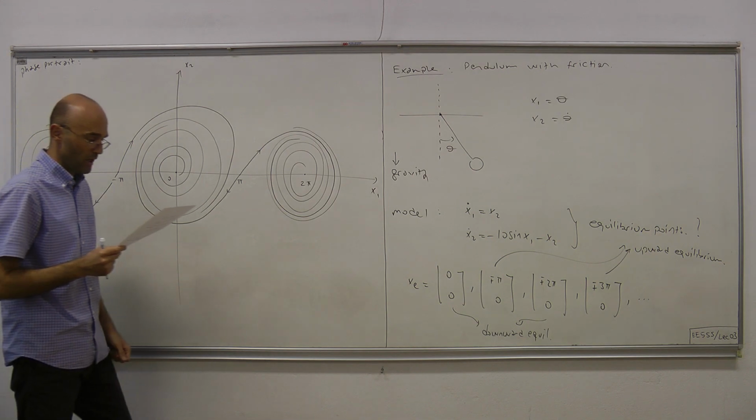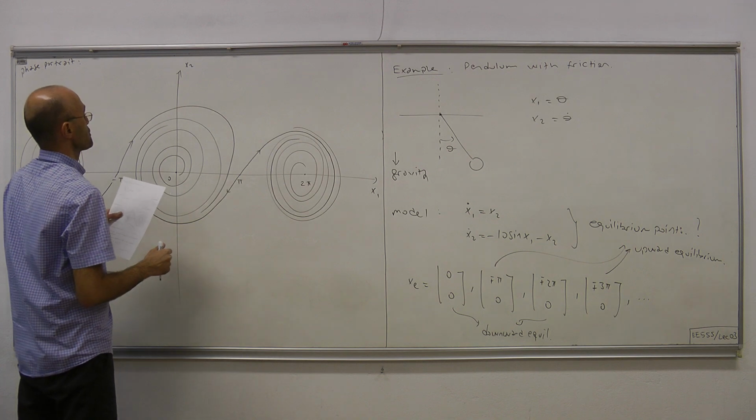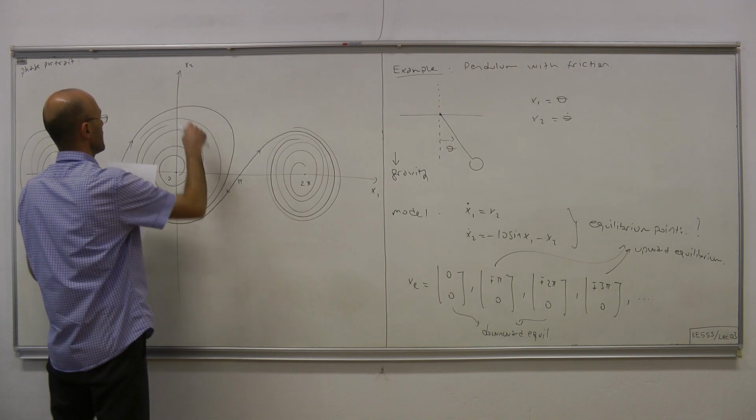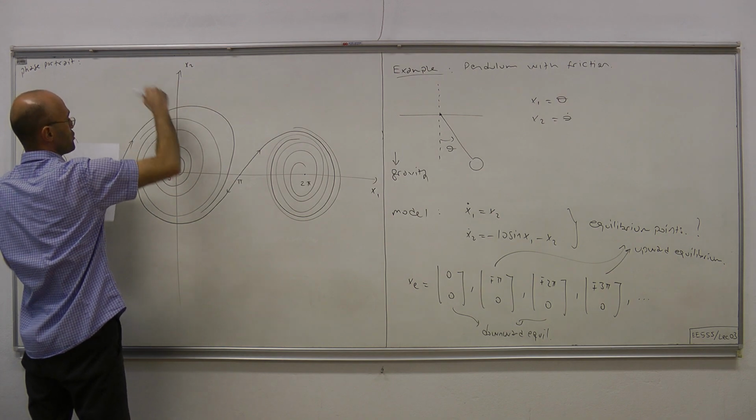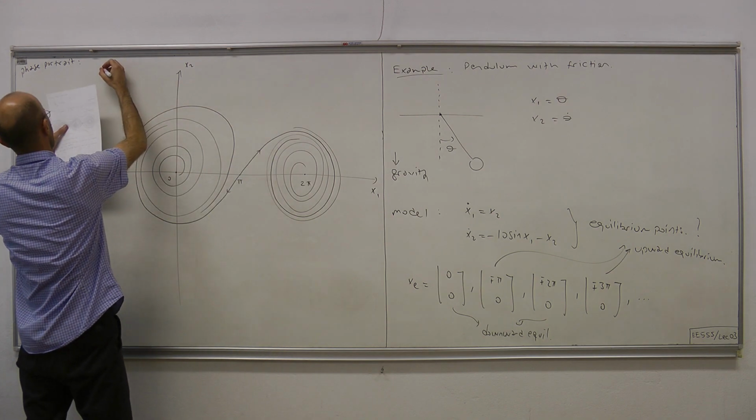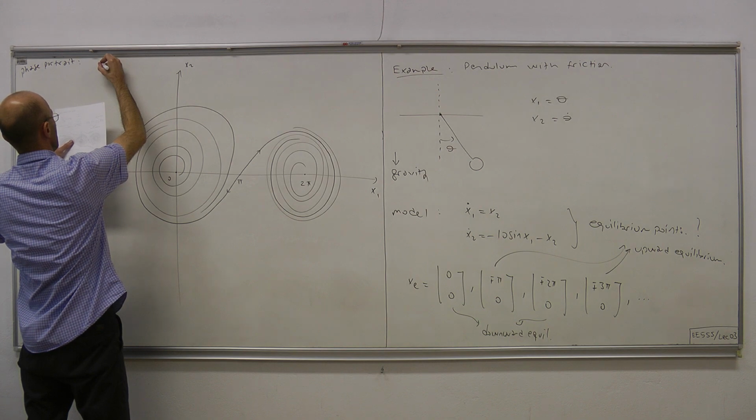And likewise for this one, in that direction. Then, if you start a little bit farther, somewhere here, you don't converge to this equilibrium point, but that equilibrium point, and it's something like this.